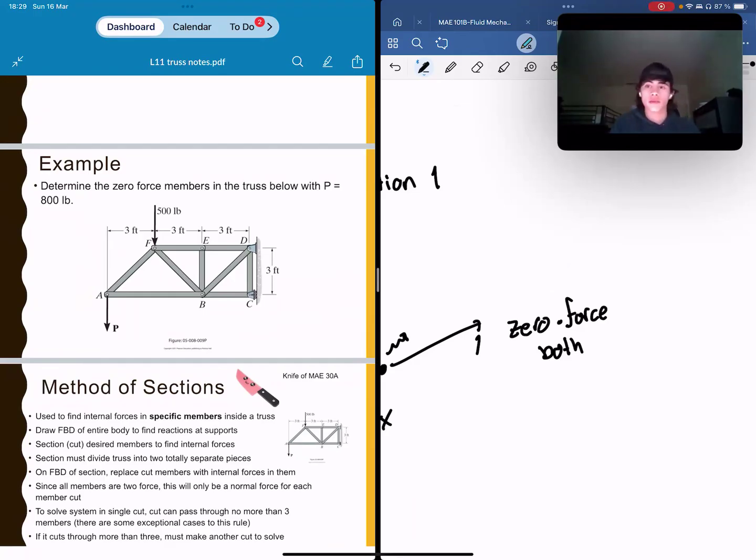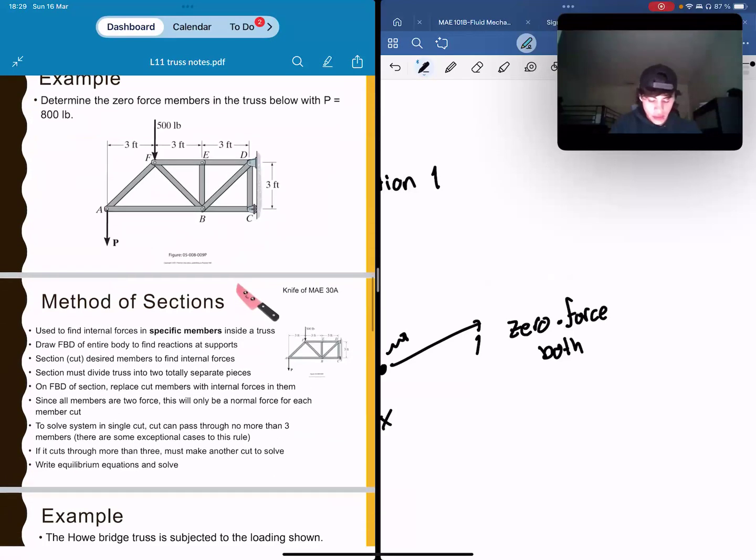So another method that we were taught is that we can use a knife. Meaning that you can cut the truss at a specific section and analyze either the left or the right of that cut, right?